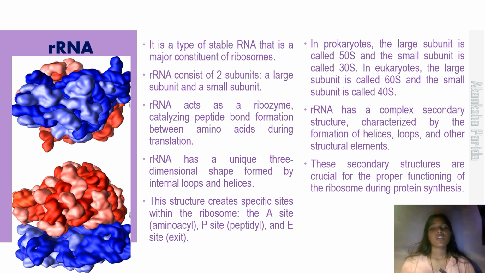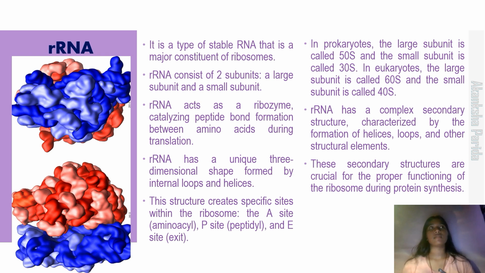Ribosomal RNA acts as a ribozyme, catalyzing peptide bond formation between amino acids during translation. It ensures the proper alignment of mRNA and ribosomes during protein synthesis and catalyzes the formation of peptide bonds between the two aligned amino acids during protein synthesis.